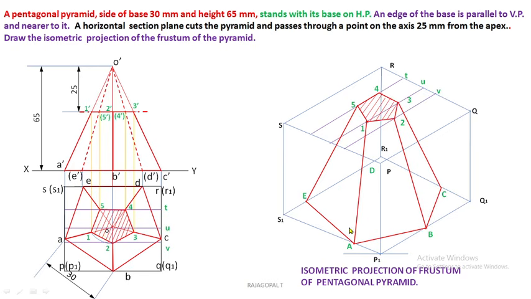Always remember, this P1S1 and P1Q1 must be inclined 30 degrees to the parallel XY reference line. P1S1 and P1Q1 must be equally inclined, 30 degrees with this XY reference. These are the two things you have to notice from this video.